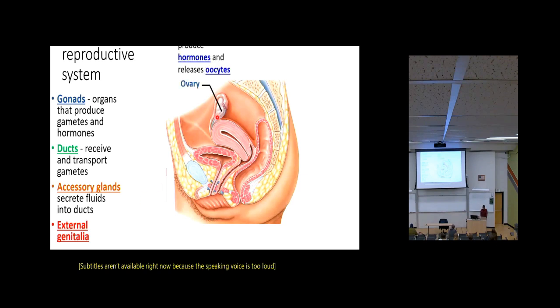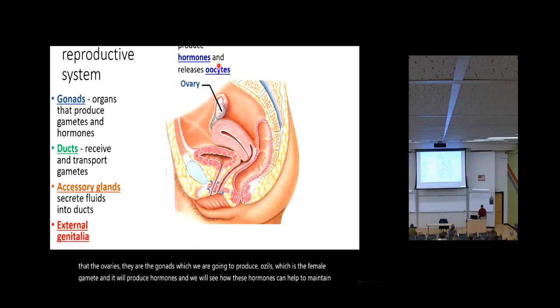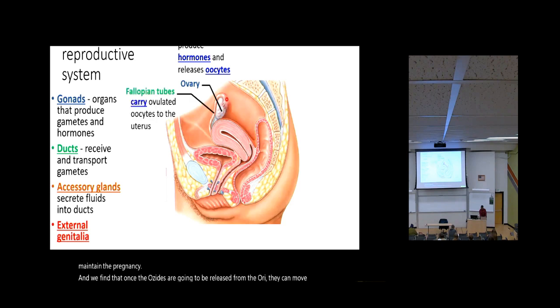So we see that the ovaries are the gonads which are going to produce oocytes, which is the female gamete, and it will produce hormones. And we'll see how these hormones can help to maintain the pregnancy. And we find that once the oocytes are released from the ovary, they can move into the fallopian tube, also known as the uterine tubes, and it will move down this fallopian tube, and it can eventually reach the uterus.